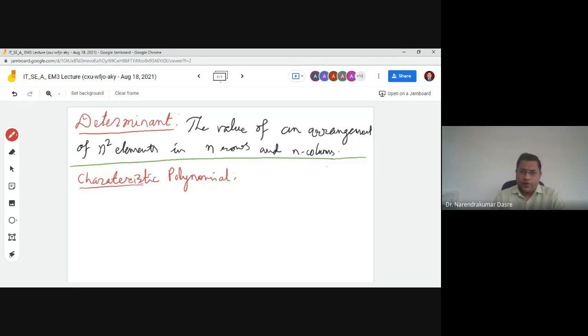When we say polynomial, that means there is more than one term. So we need to understand the characteristic polynomial. Let A be a square matrix.